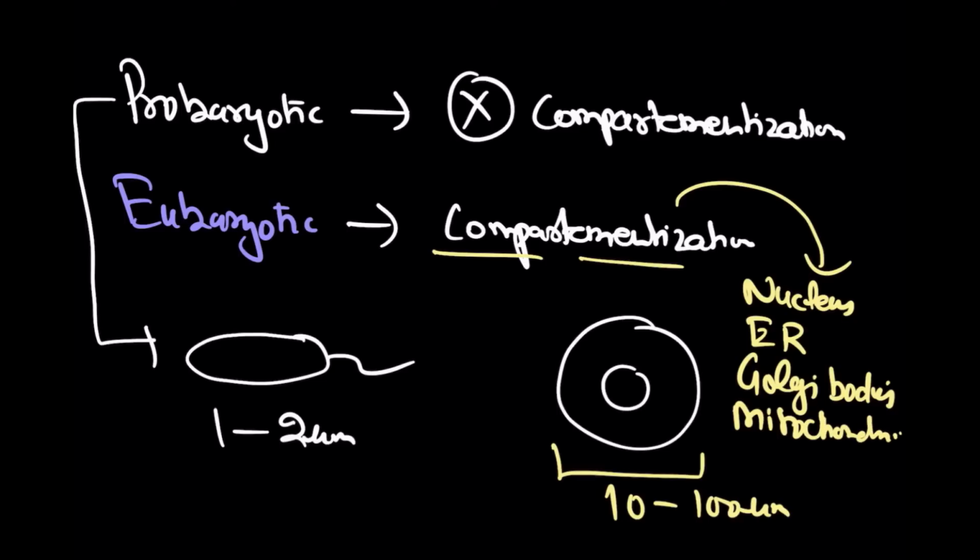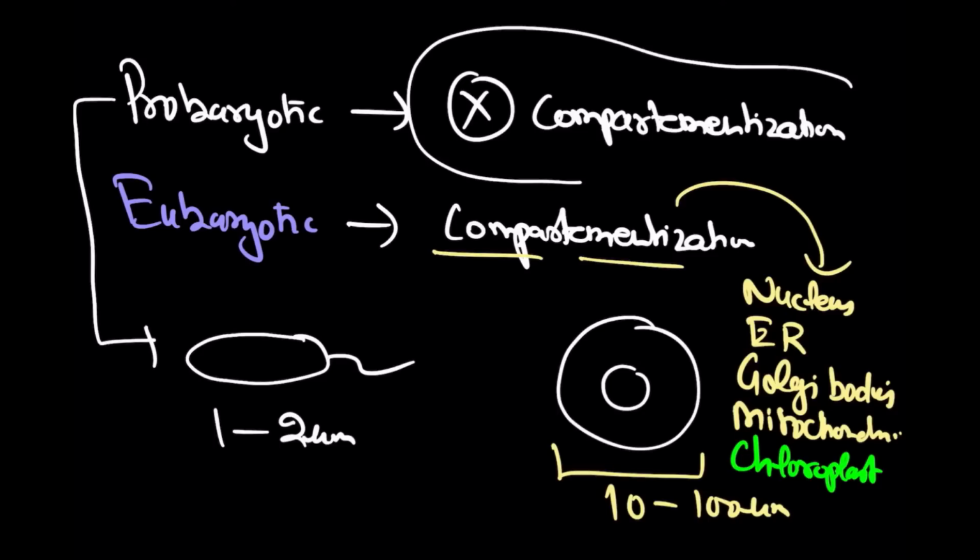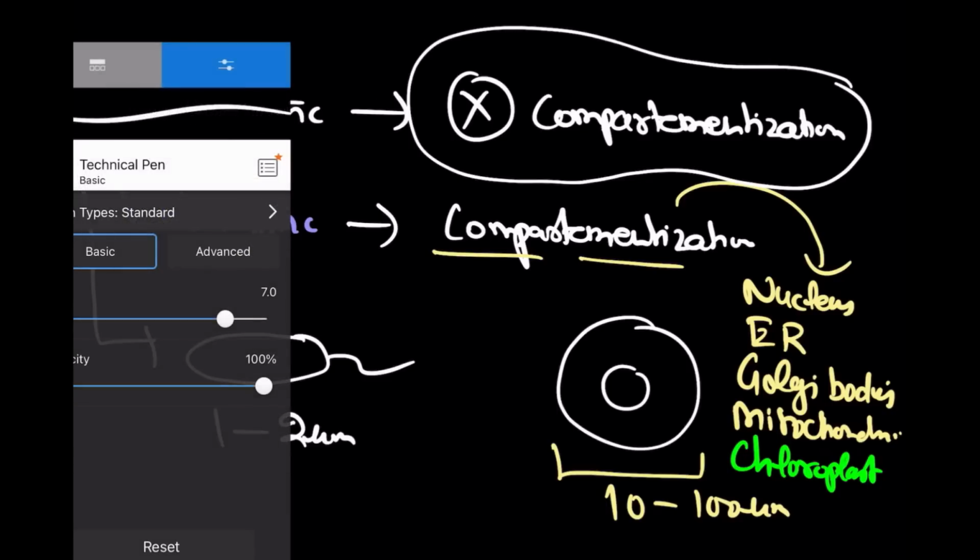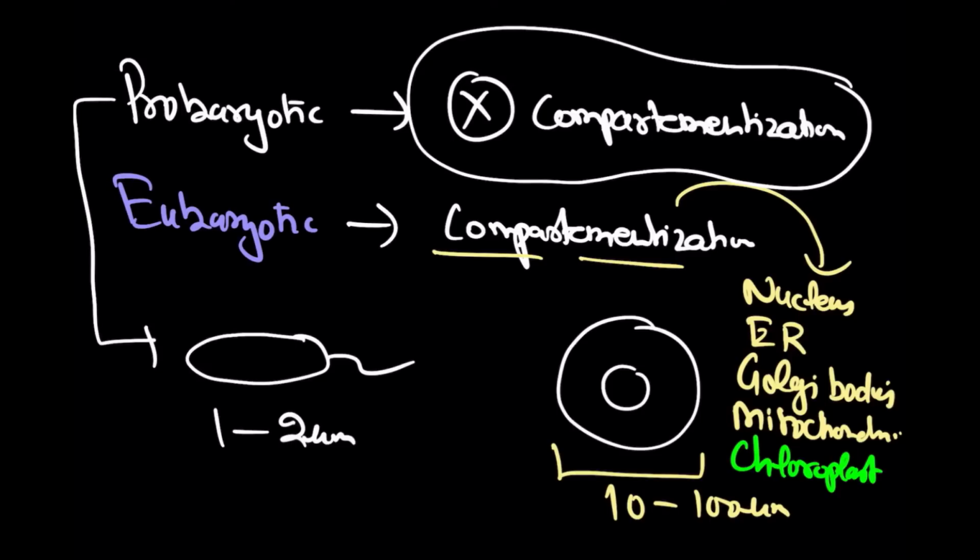And if it is a plant cell, there is also presence of chloroplast. Now try to see here, in case of prokaryotic cell, no compartmentalization, while in the case of eukaryotic cell you are going to see compartmentalization. Here the organelles are present.